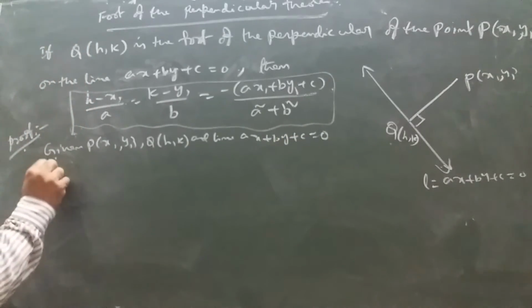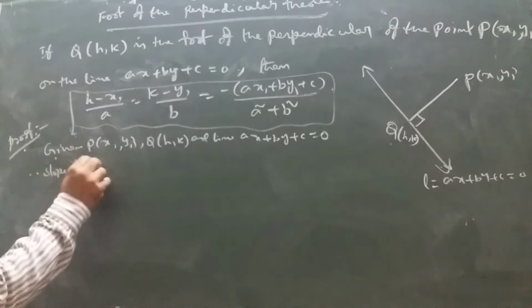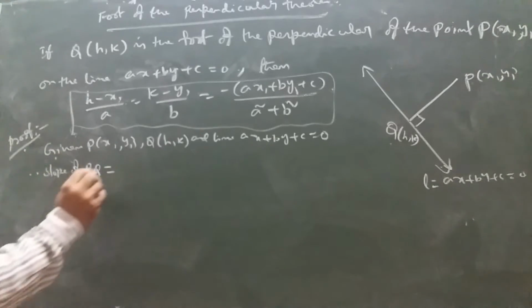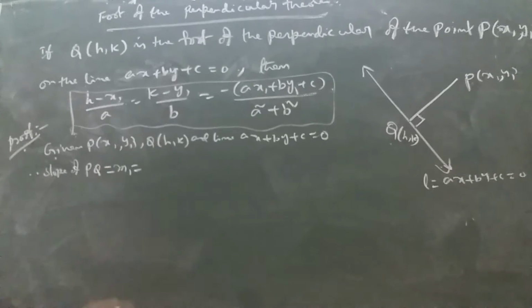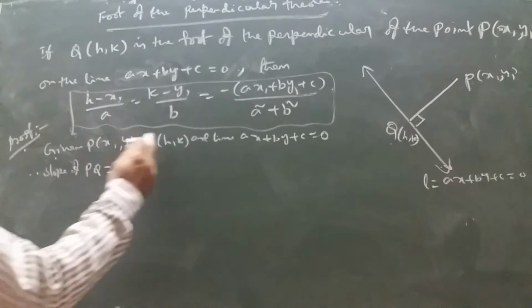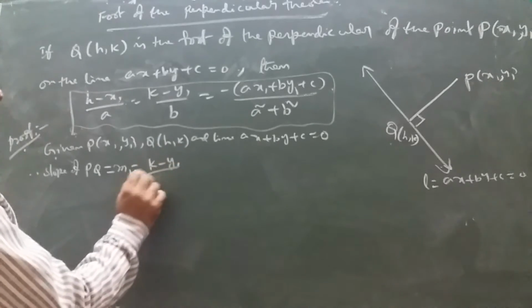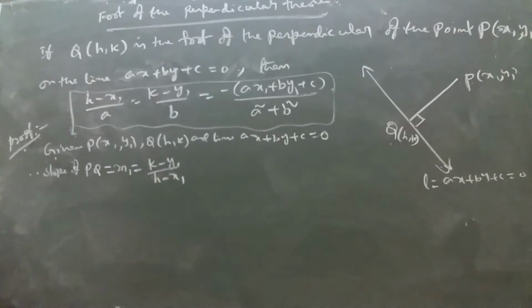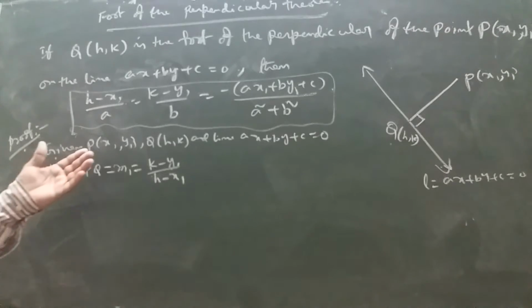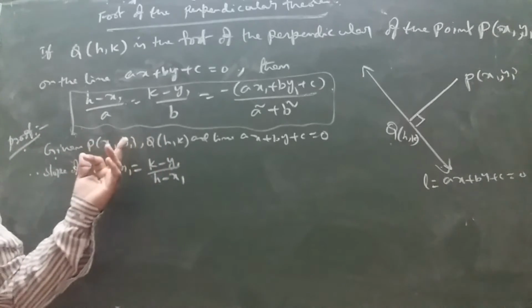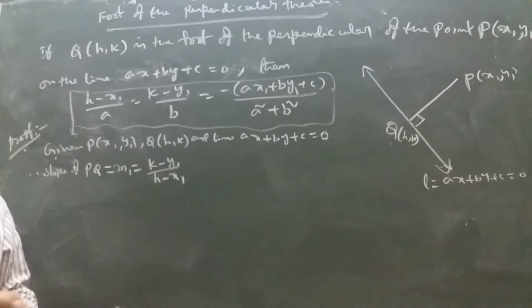Therefore, the slope of PQ is m1 = (k - y1)/(h - x1), the difference of y coordinates by the difference of x coordinates.